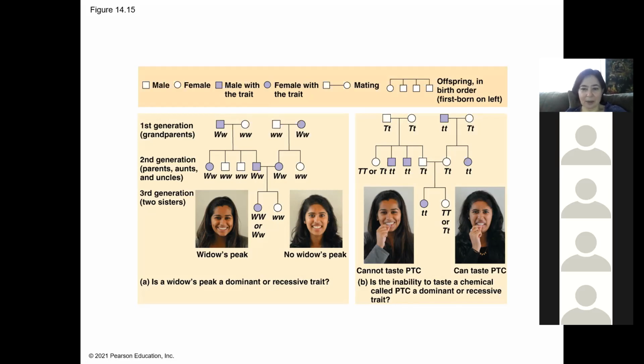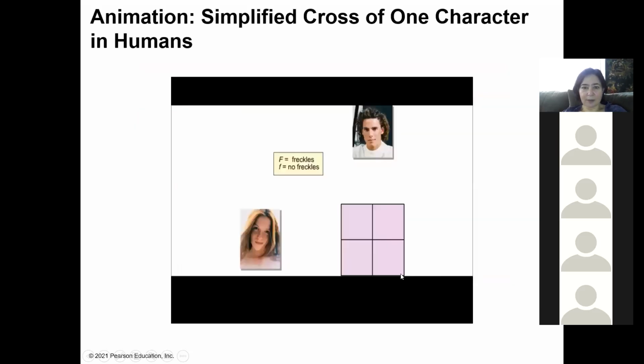I forgot what PTC stands for, but it's just the name of the chemical. This is recessive inheritance. A lot of people are carriers; it's not that uncommon a gene, but even if you're a carrier, you can't taste it.